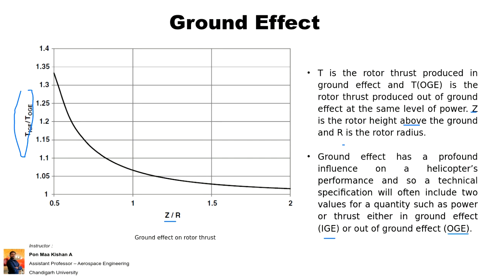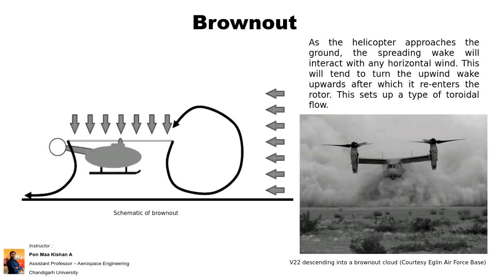It depends upon how much altitude we are maintaining, whether it is going to be beneficial or a disadvantage. It has both, depending on what altitude we are utilizing. Okay, this is ground effect.